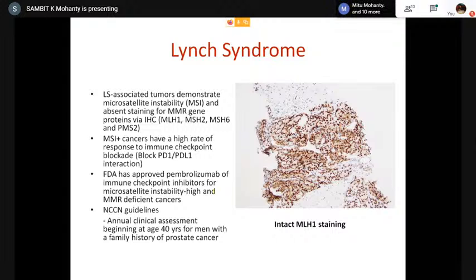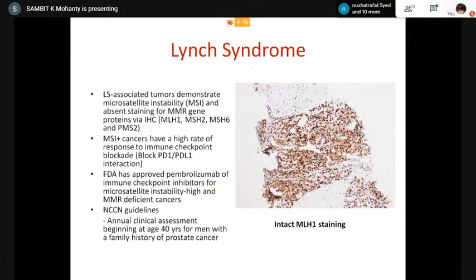If there is dimer loss, MLH1 and PMS2 make a dimer, and MSH2 and MSH6 make a dimer, so if there is dimer loss, then you are really worried. You want to do mutational testing to know whether these tumors have MSI or not, that means whether mutationally the protein is lost or not, so they are unstable disease, or there is microsatellite instability or not.